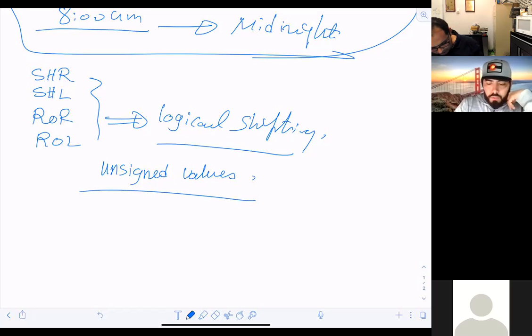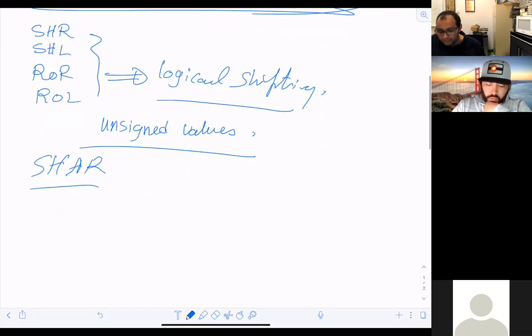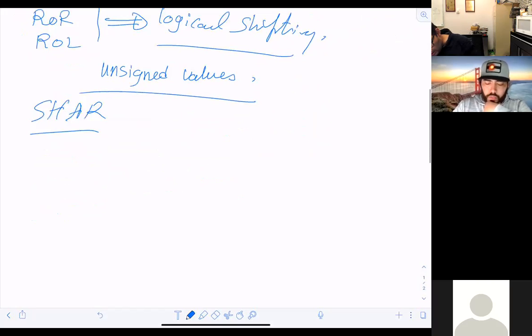There is something else. It's called shift arithmetic right. Arithmetic, not logic. So what is the difference between them? This is more into signed values.